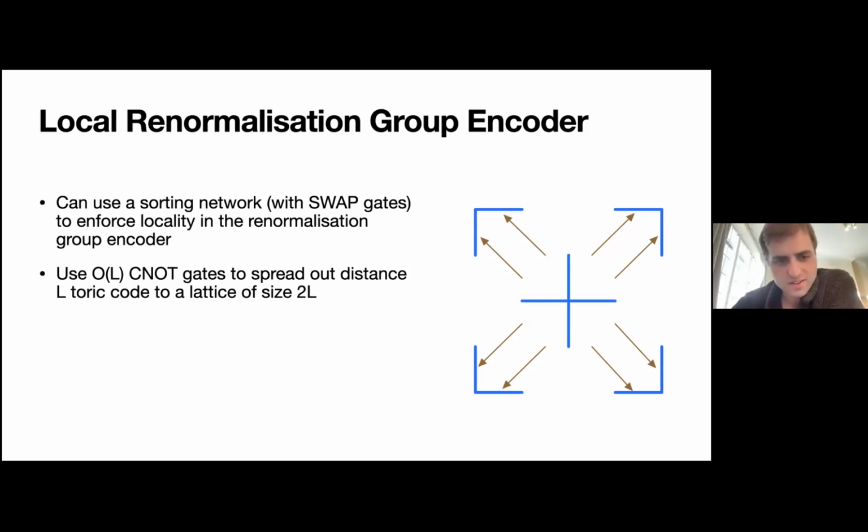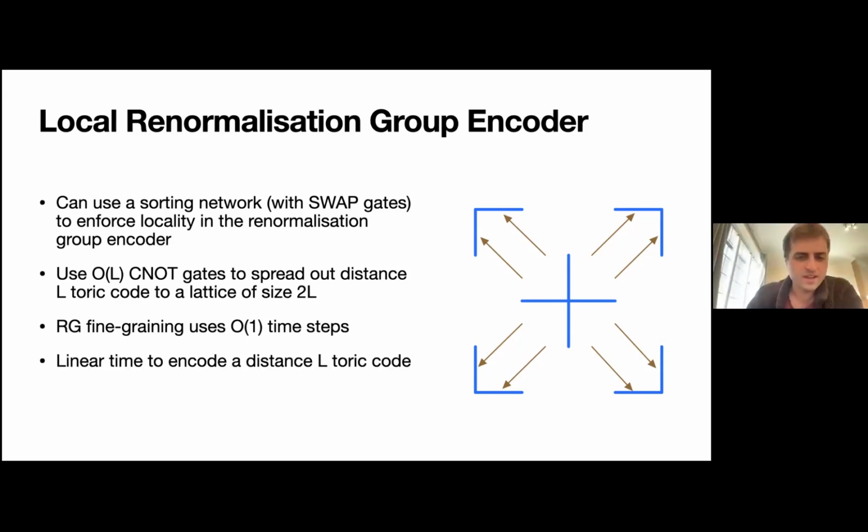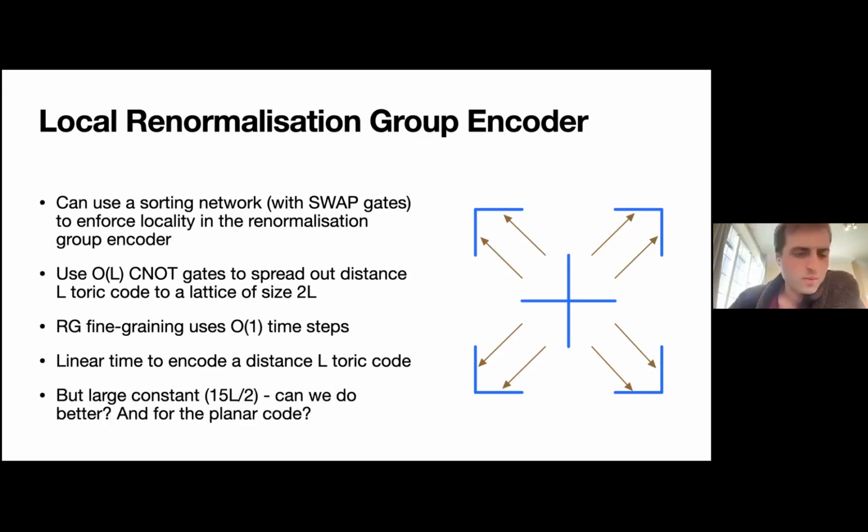Just use CNOT gates to essentially spread out the qubits in this fine graining procedure. Then the actual renormalization group step takes of order L steps. The sorting network takes of order L, and so that leads to a linear time encoder for a distance L torus code, but with a larger than necessary constant of say 15L/2, and this is for the torus code.